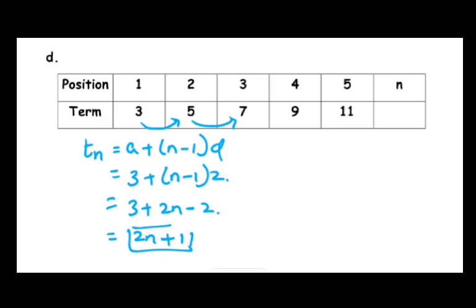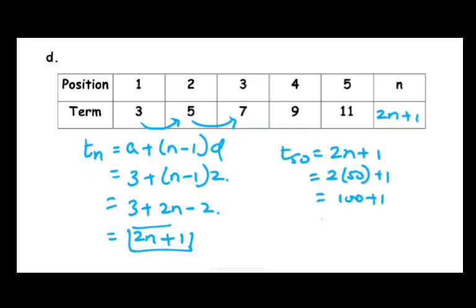That's my general rule. 2n + 1, correct? So T50 I shall get with the rule of 2n + 1, twice of 50 plus 1, 100 plus 1 is equal to 101.